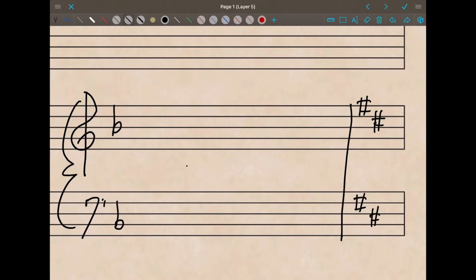Now, it gets a little confusing sometimes if we get to, say, lots of sharps here. In the case of lots of flats, then what I've previously written in the key signature matters.